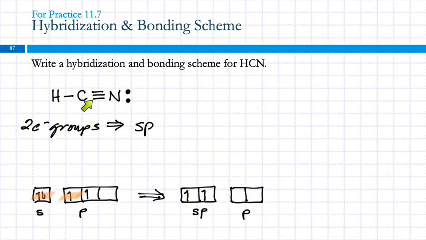Well, let's get a clue from our Lewis structure here. If I pair these up, then I'm going to have 2 lone pairs and nothing available to bond with. What I see up here is that I have a bond here, and one of these is going to be a sigma bond, and then I need 2 pi bonds, and those are going to have to come from p orbitals.